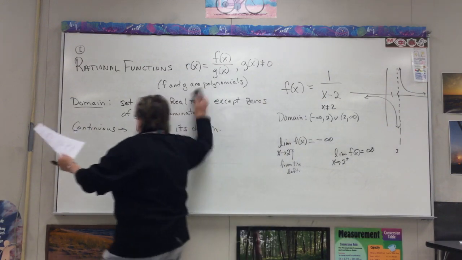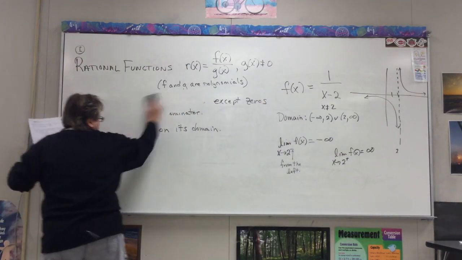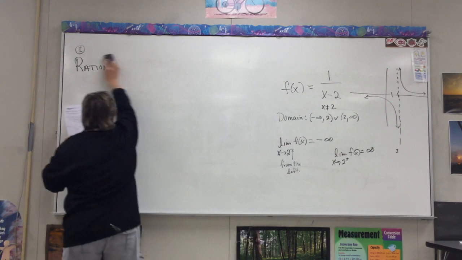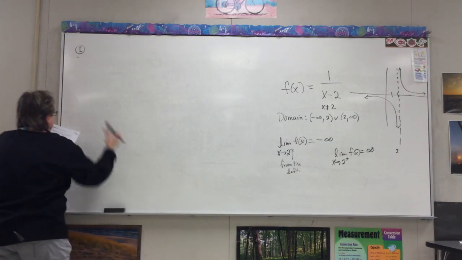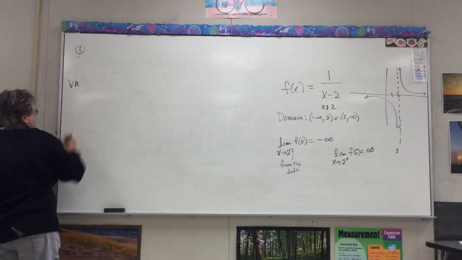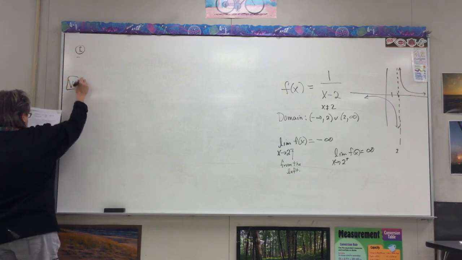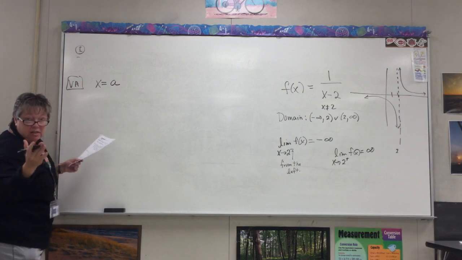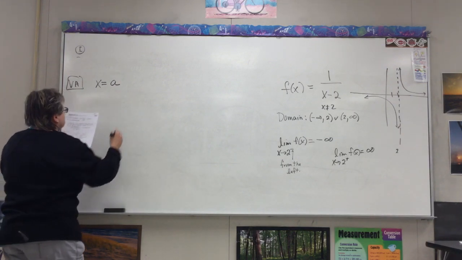So maybe we can make a little rule or generalization for how that's going to work. So we're going to have a vertical asymptote at x equals a, whatever a is. In this case, x equals 2.